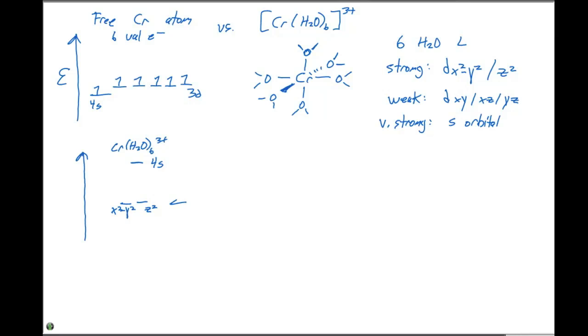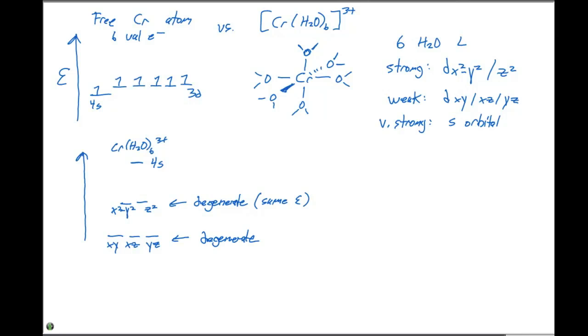These orbitals right here are called degenerate orbitals. And degenerate means they have the same energy. The weakest interaction, or the lowest energy orbitals, are going to be the dxy, the dxz, and the dyz orbitals. These are also degenerate.